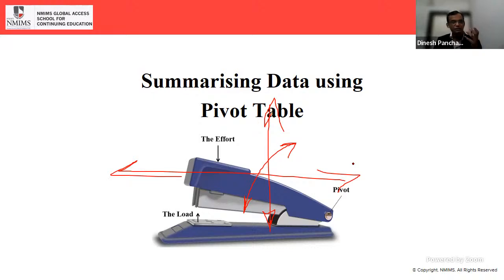You can see the data only from 1 or 2 aspects, those aspects from where you created the pivot table. Are you getting it? Then you might have a suggestion: then why are we using a pivot table? Is it going to help? Because if it's going to put a constraint, is it going to help? Yes, sir. With those constraints, we'll have a simplified, summarized view of the whole data.